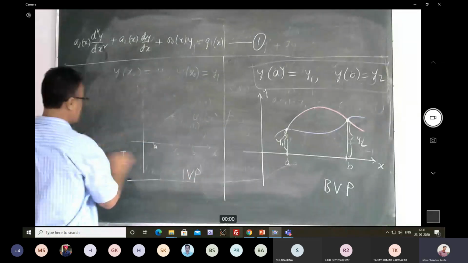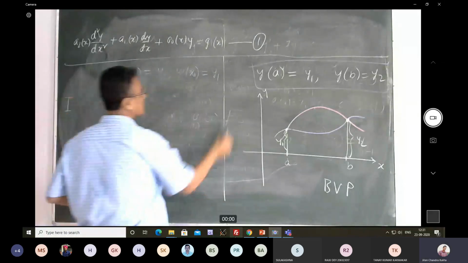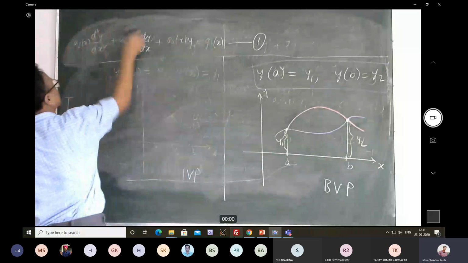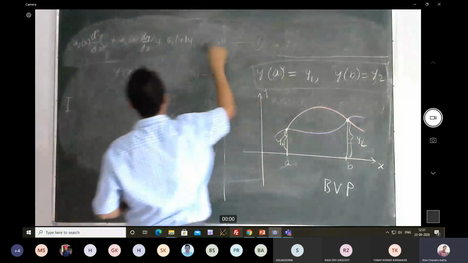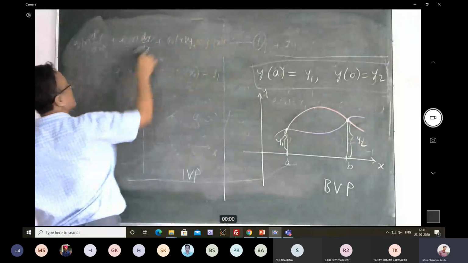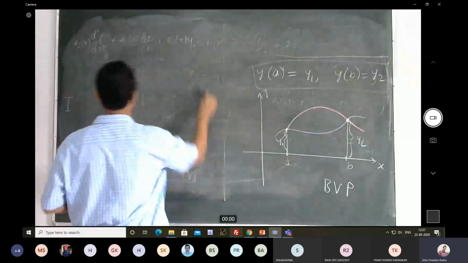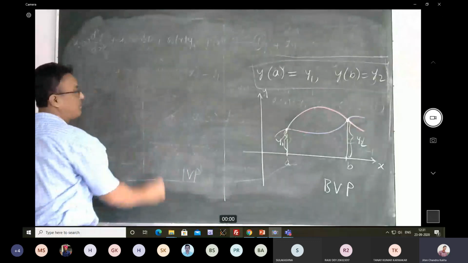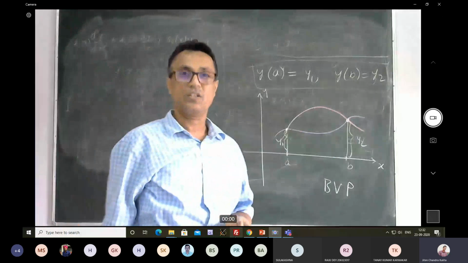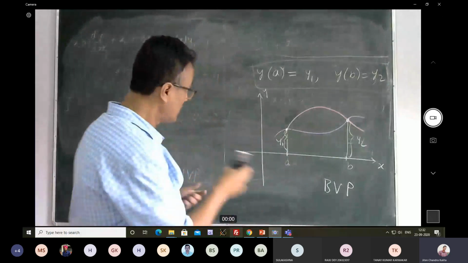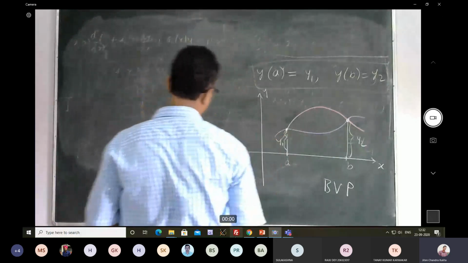It can be given in terms of the derivative of the function at some points as well. Okay, so now I'll just spend some time on this.